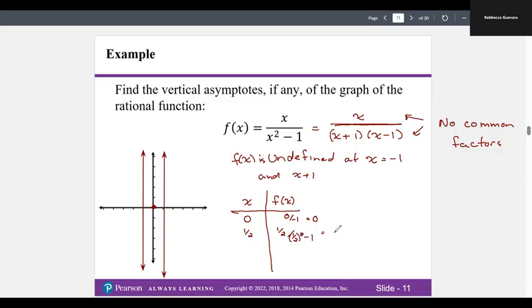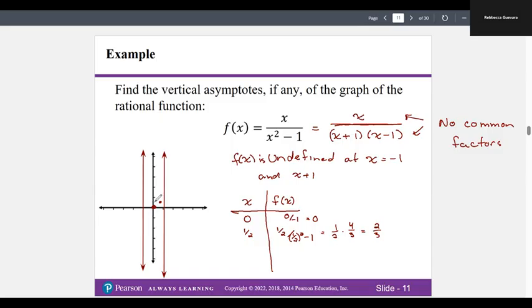That is going to be 1/2 times 4/3. So you should be at 2/3. Okay. Let me get a few more points here.